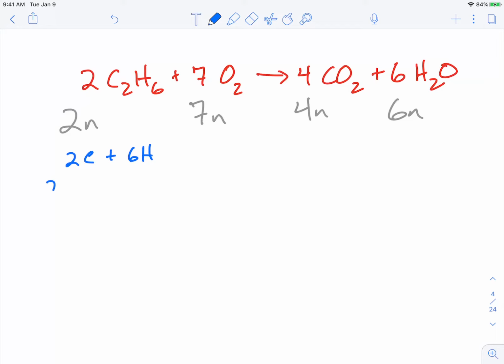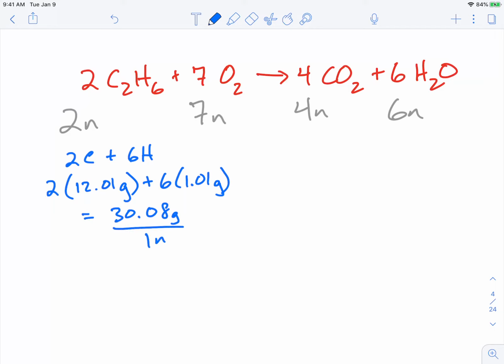And so for carbon, I'm going to take 2 times the molar mass of carbon, which is about 12.01 grams. And for hydrogen, it's about 1.01 grams. I plug that into my calculator, and it tells me that the molar mass of C2H6 is about 30.08 grams for every 1 mole.